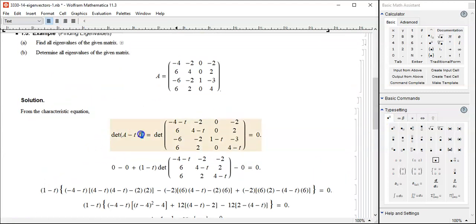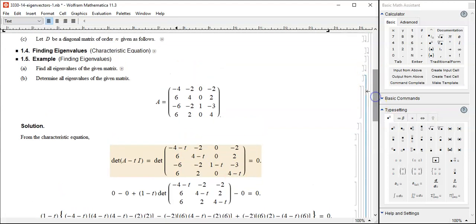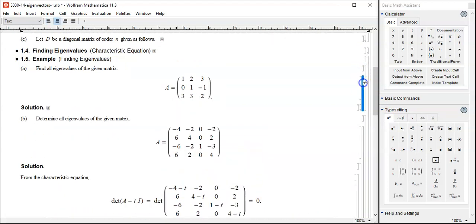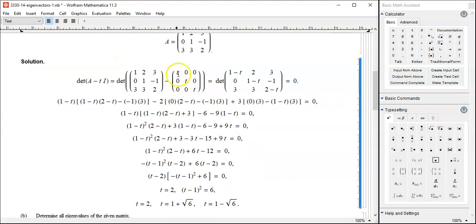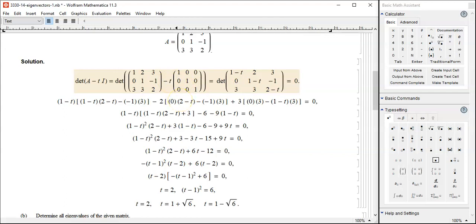Determinant of A minus tI, so I'm subtracting t from the diagonal entries. Let's go to the previous problem and let's see, 1, 1, 1, and there used to be t here.